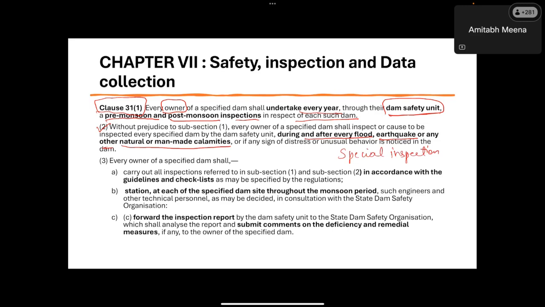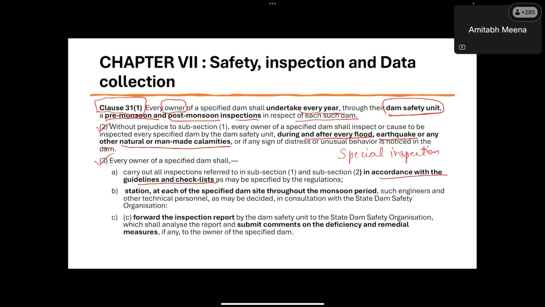Now subsection 3 gives some more details. It says the inspection is to be done in accordance with the guidelines and checklist as per the regulations. We'll talk about that also.